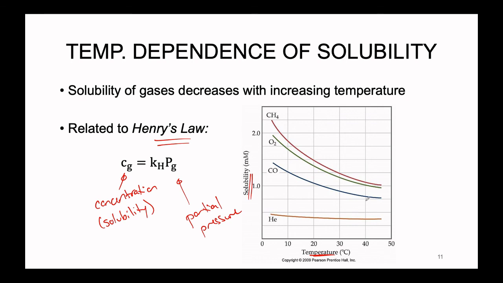So we increase the temperature, we decrease the concentration of the gas inside of the solvent. The reason why this happens is for the exact same reason that the solubility of the solids increases, which is kind of awesome. Like, the same rationale can be used to understand why solids become more soluble and gases become less soluble.